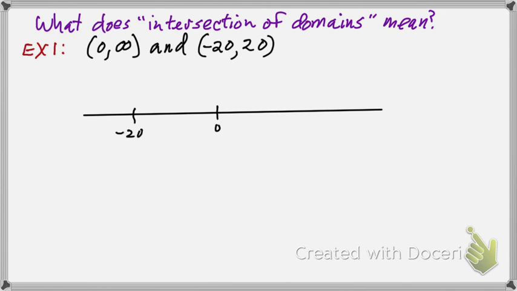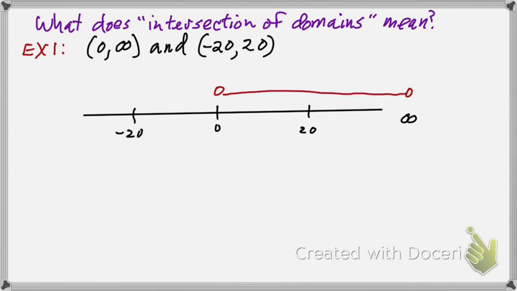I'm seeing a positive 20. I'm seeing positive infinity. So that's going to be out here someplace. And then we're just going to sketch those intervals. See, I've got two intervals. I want to see what their intersection looks like. So for the first interval, it's going from 0 to infinity. But notice it can't include 0. It can't include infinity. So I'm just going to diagram it like this.